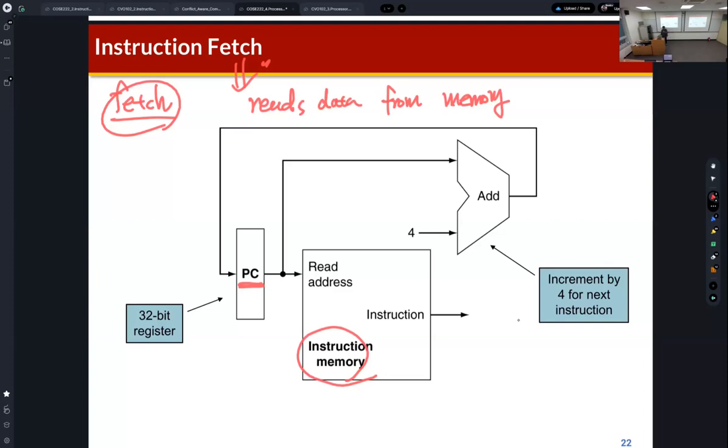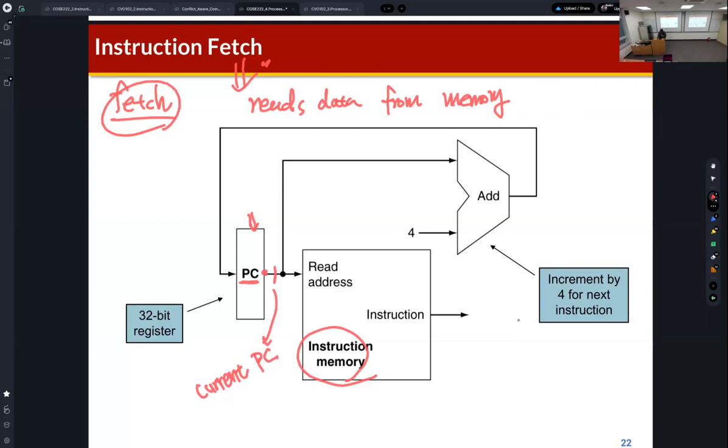So if the PC value is set, and this is the program counter register, okay, so PC, the PC value is stored in this register. Then you can find the output port here. So what is this value? This value is the current PC, okay.